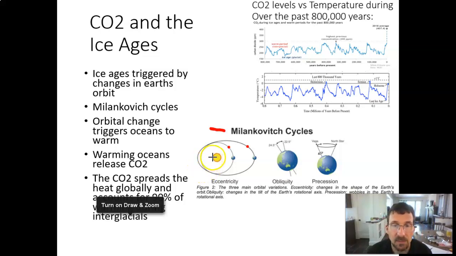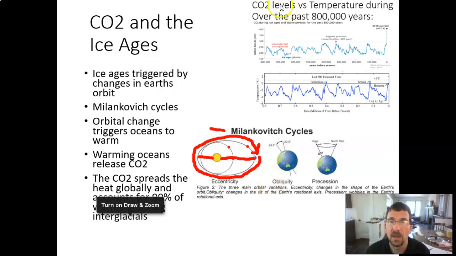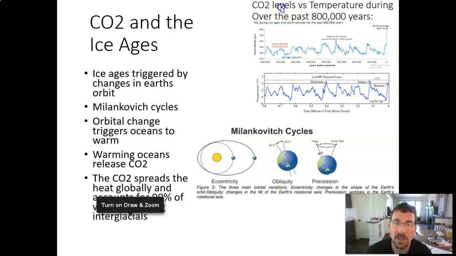You'll notice that the distance between the sun and the left edge of the ellipse is different from the sun and the right edge of the ellipse. And of course, these circles represent the pathway that the Earth takes around the sun to make one solar year. That's 365 days in our time. Okay, so that's one form of Milankovitch cycles.